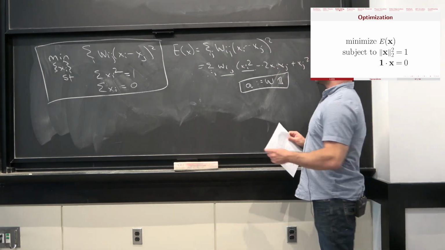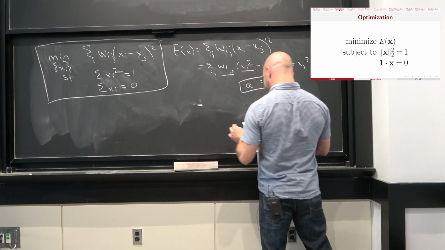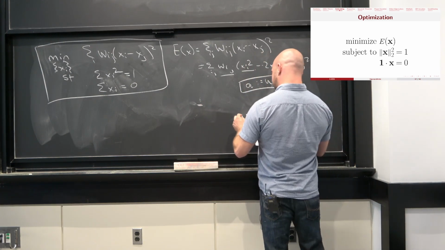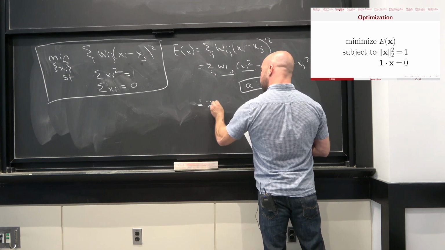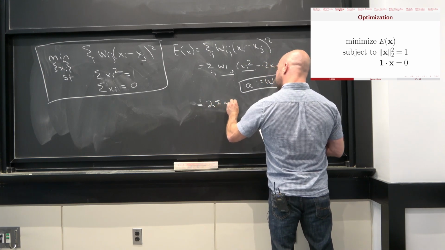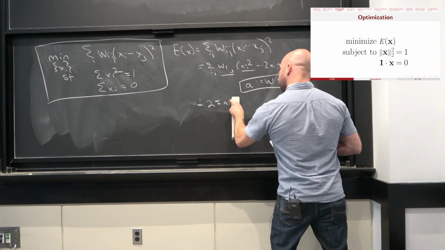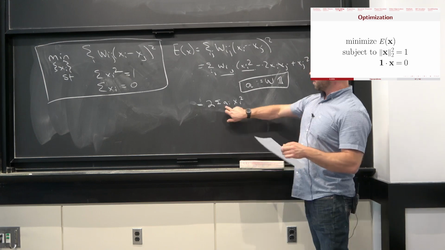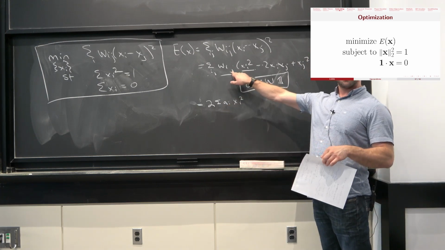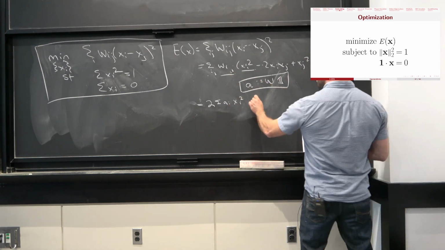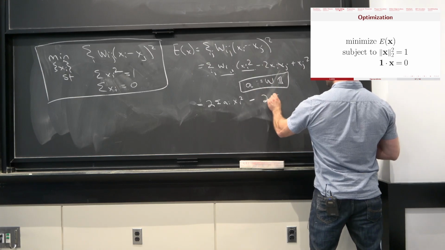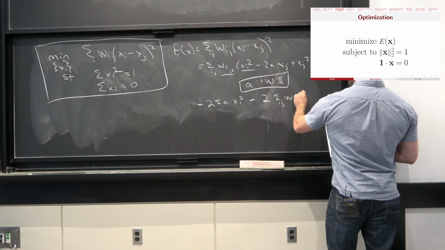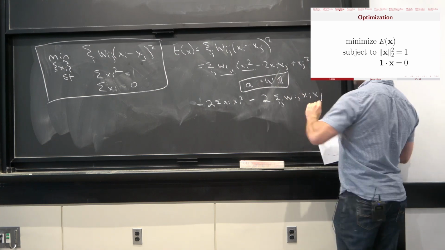Okay. So this gives us a simpler expression. We can think of it as 2 times the sum of ai xi squared, because essentially the ai is accounting for the sum over j, minus 2 times the sum over ij of wij xi xj.